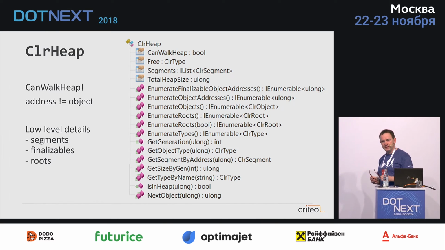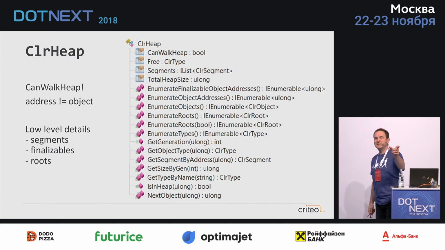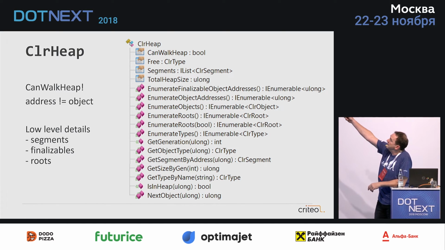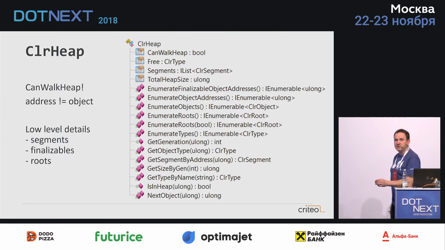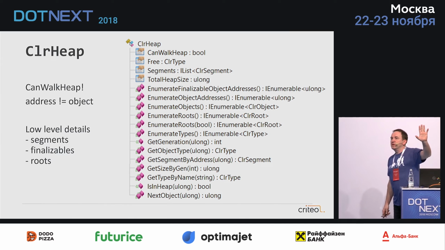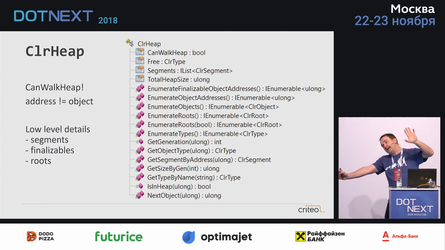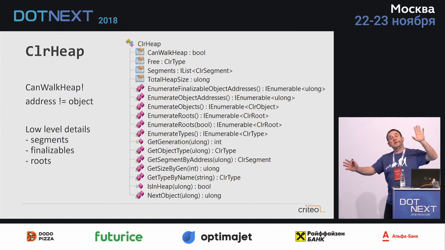The first property, again, is very important. Remember the pointer size? Why is that important? Here, the CanWalkHeap property is very important for you. Why? Because if you are not lucky, when the application you are investigating, or the memory dump, was taken, a garbage collection was occurring.